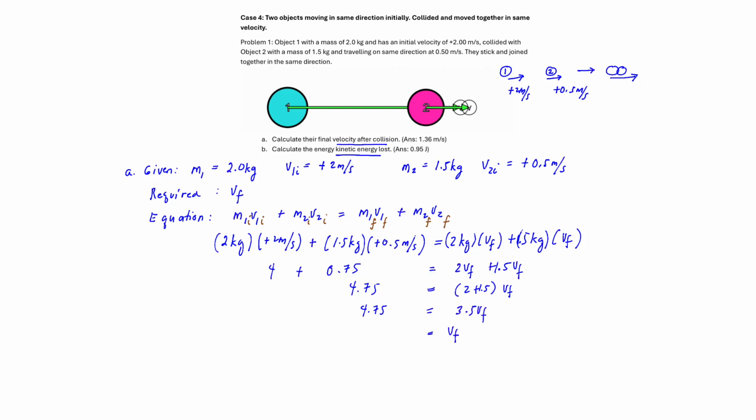And so VF would be 4.75 divided by 3.5. If you press it on the calculator, that would be 1.36 meters per second. Notice that this one is positive, and when they join together, they are moving in the right direction. And so let's now calculate what the energy lost is.